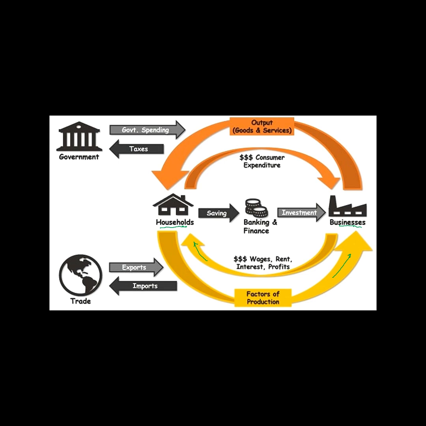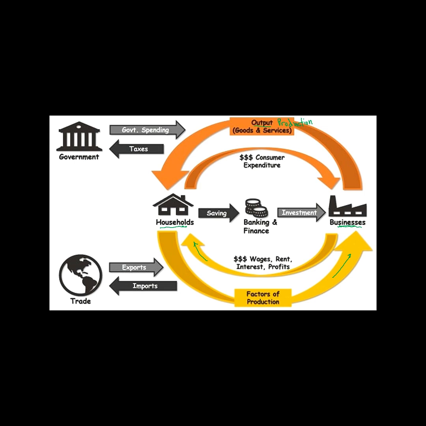Now, as for businesses, businesses we know create goods and services, which is going to be their output. And their output is sometimes referred to as production. Not sure why this particular model shows output, but a lot of times you will see production.